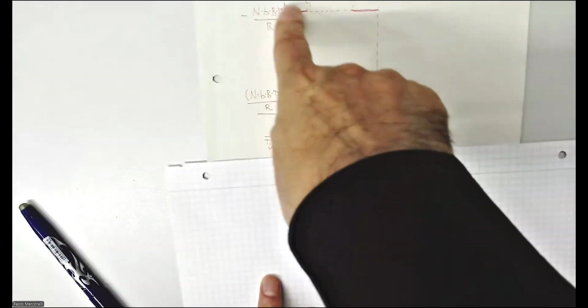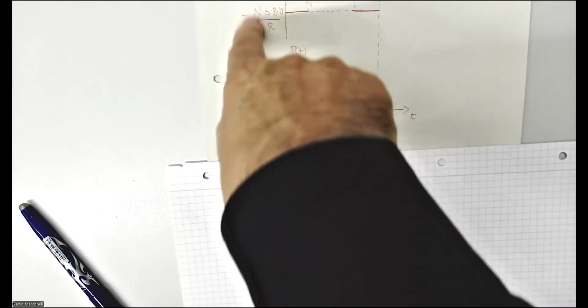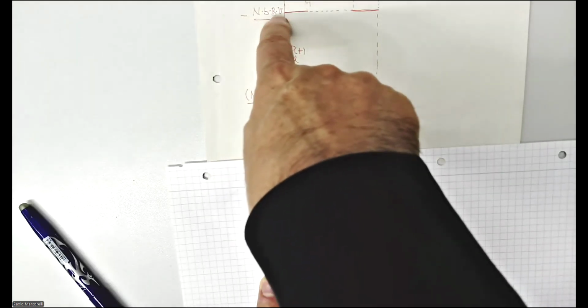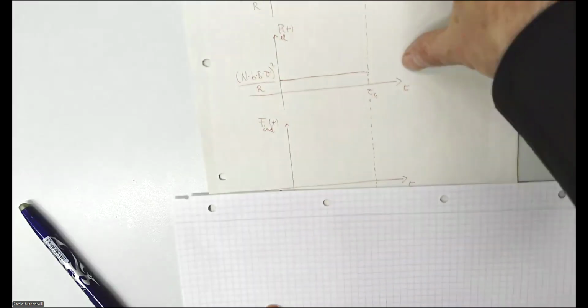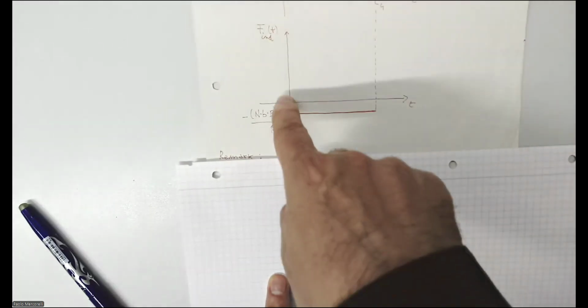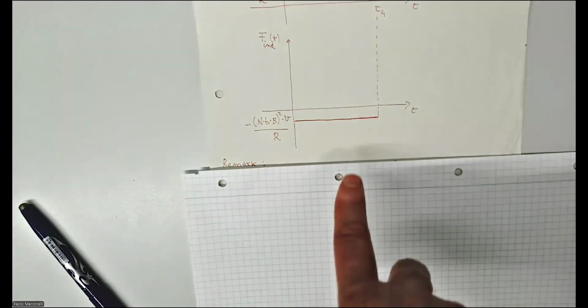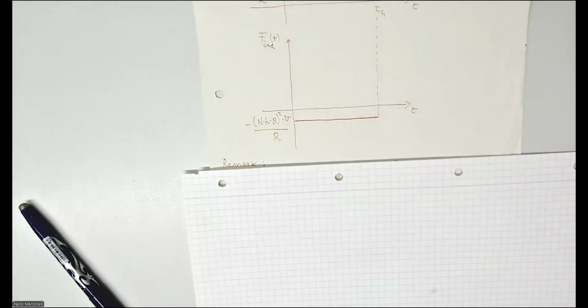This means the current multiplied by n, by b not capitalized, by B capitalized, we will obtain this value here. Constant negative.